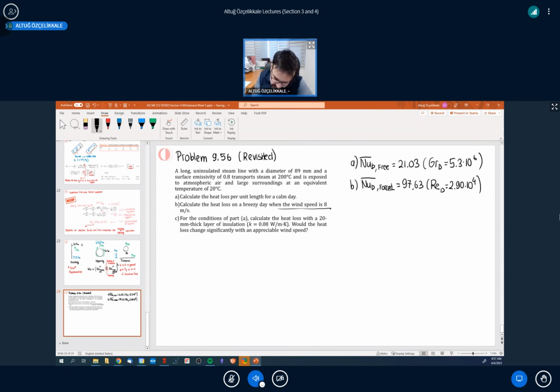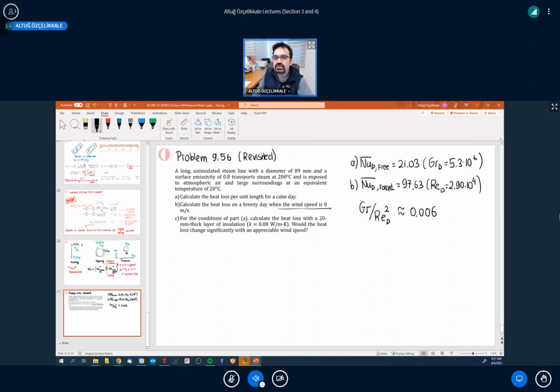First of all, we need to check and see whether we need to actually apply combined conditions, or the question is how much error we would be making by not considering the combined conditions. When you look at this ratio, it turns out to be approximately 0.006.